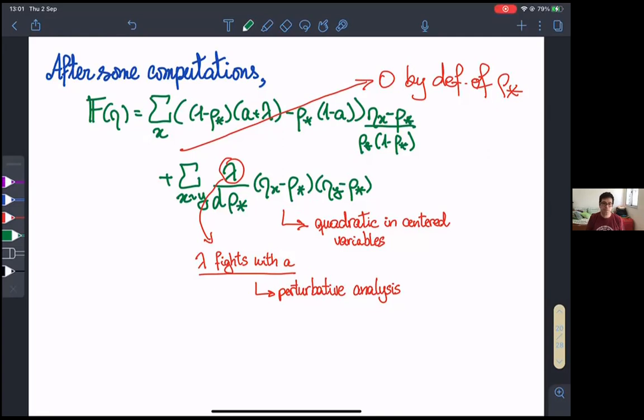But if you want to prove the space-time CLT starting from the stationary measure, the hardest part is to prove the CLT for the stationary measure. Okay.